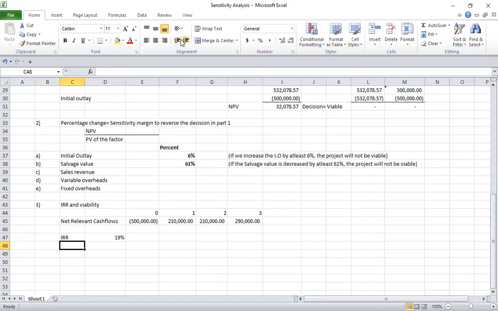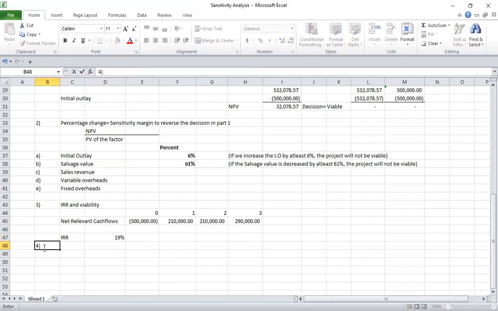Yeah, in the chat, Brian says this is viable. So remember, very simply compare this 19% with the cost of capital of the company. And because this is more than the cost of capital, then of course we conclude that the project is viable.